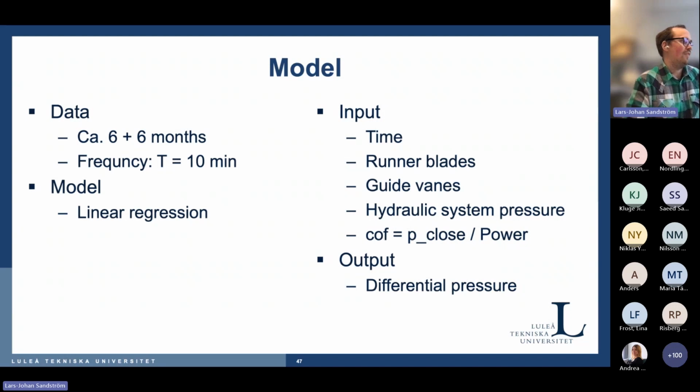And for this model, we have in total 12 months of data, the sampling frequency is 10 minutes, and we're using a linear regression model here. To the model, we put as input time, the runner blade angles, the guide vanes, hydraulic system pressure, and also a coefficient of friction that we defined, and the output, what we're trying to predict, is the differential pressure.